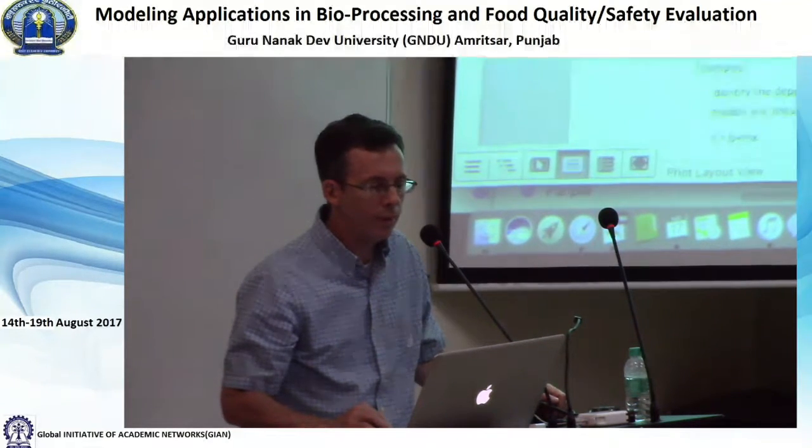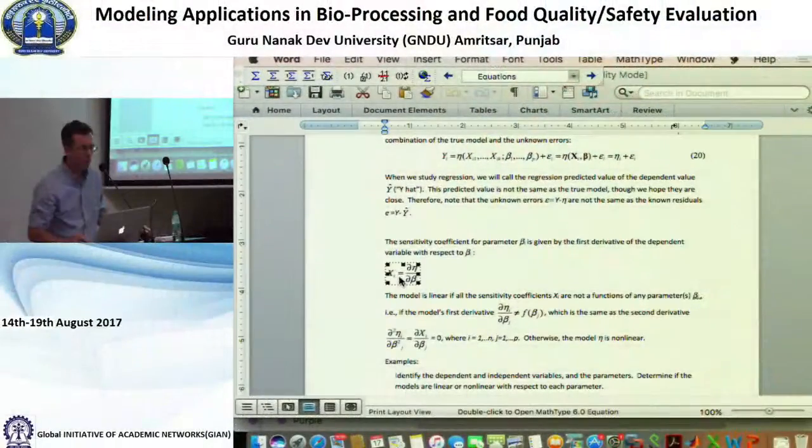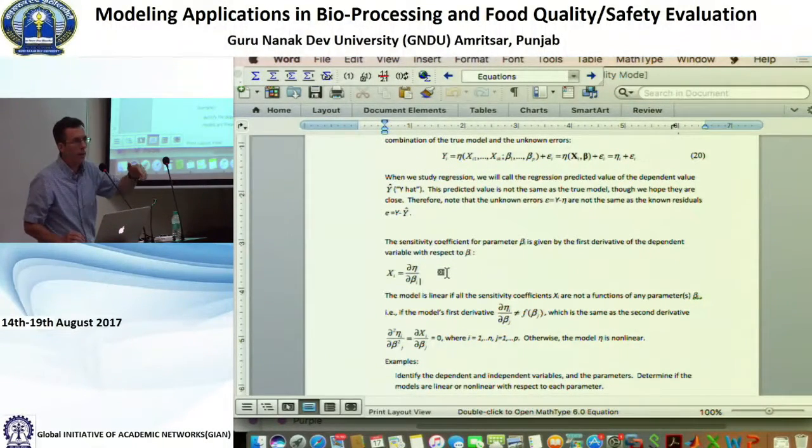So I'll tell you about the sensitivity coefficient. First, right here, this one, that's the sensitivity coefficient. So I'll talk about this today. The sensitivity coefficient is the partial, a derivative. So it's the partial of the model with respect to the parameter. Every parameter has its own sensitivity coefficient.